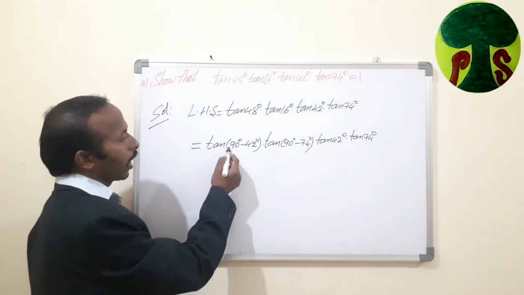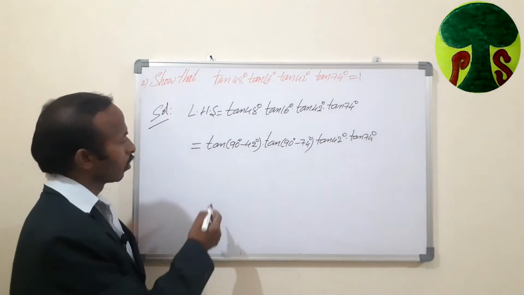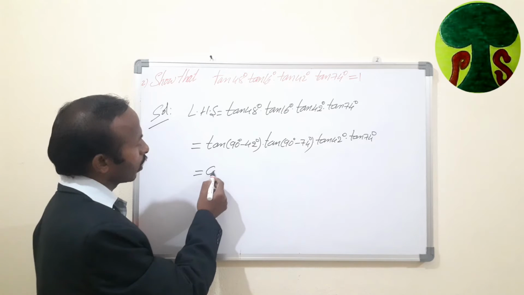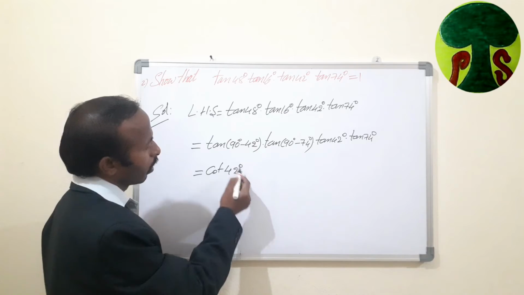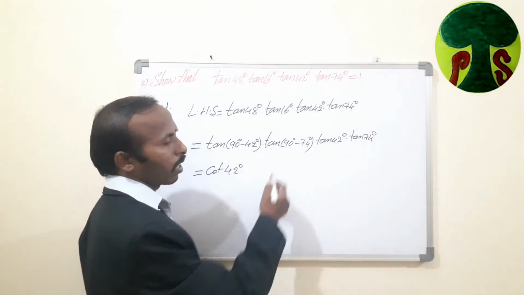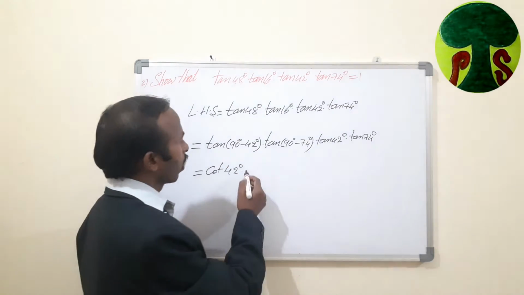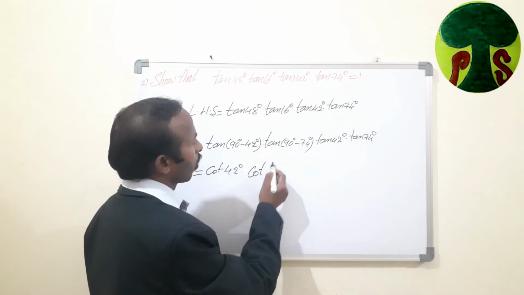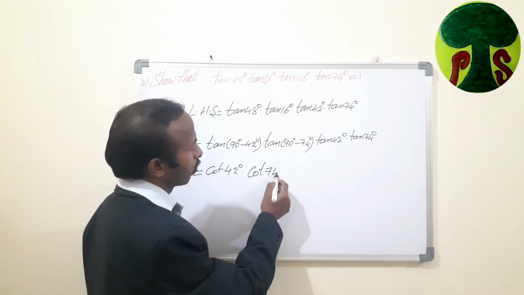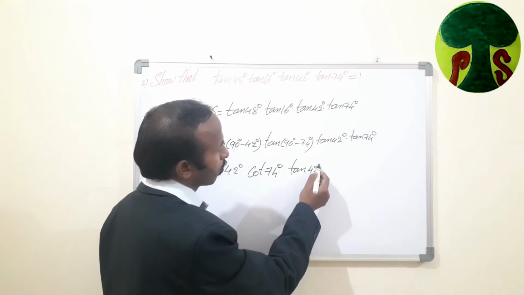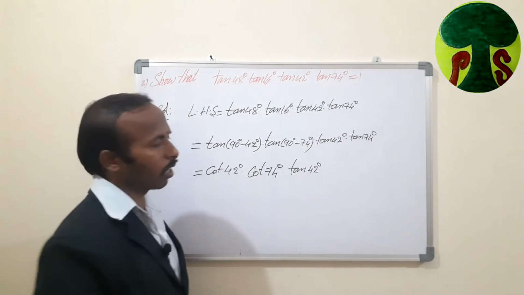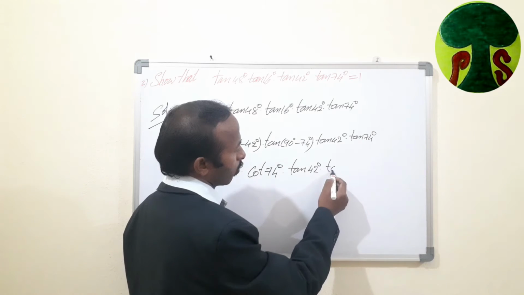Now tan 90 minus theta is how much? That is cot theta. Theta is 42 degrees, and for the second one theta means 74 degrees, into tan 42 degrees into tan 74 degrees.